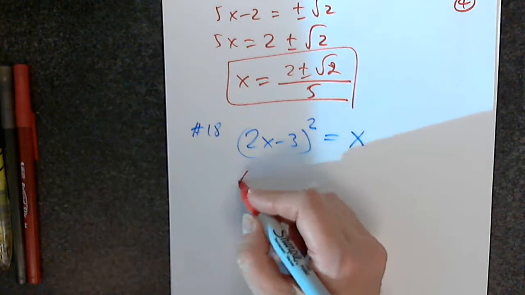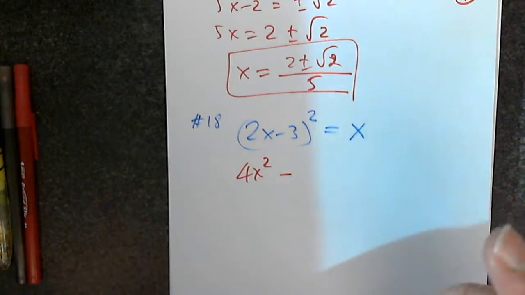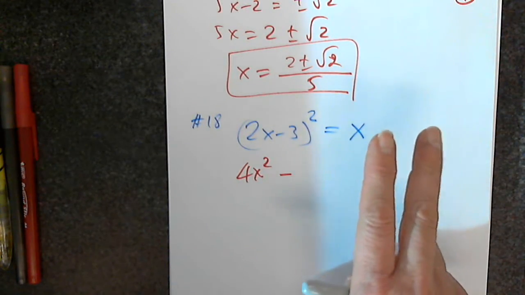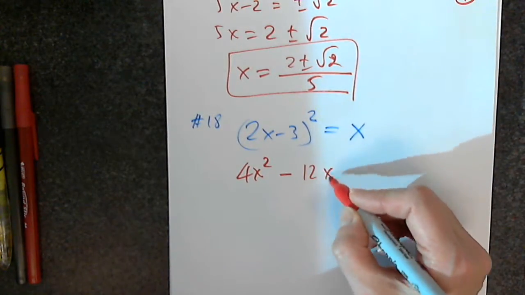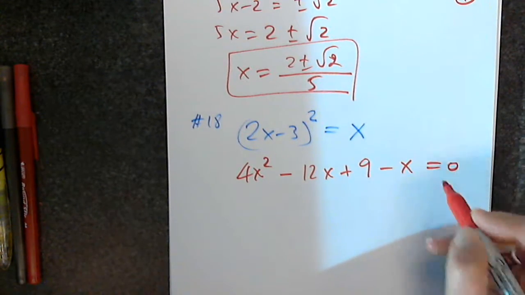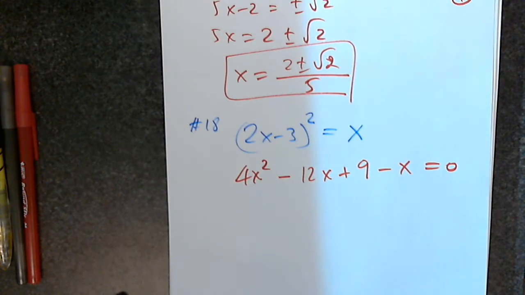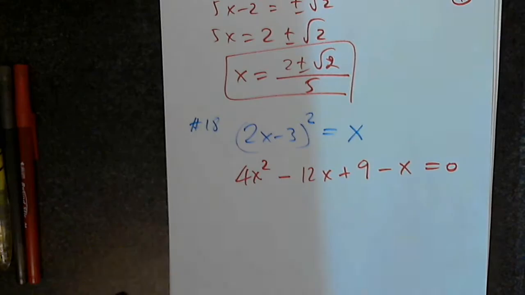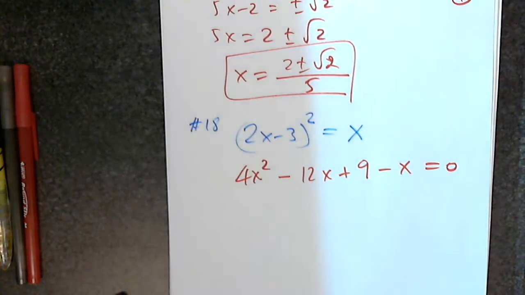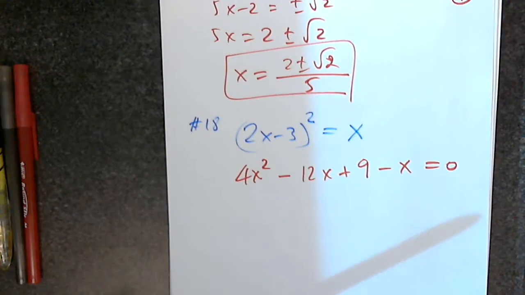So it's 4x squared minus 6x, 2 times 2 times 3, sorry, that's 12, and then 9 equals... Exactly. Only because one side is a variable. If it were a number, it would have been straightforward, taking square roots. But I can't take the square root when one side is a variable. I can only take a square root when one side has the variable, not both.